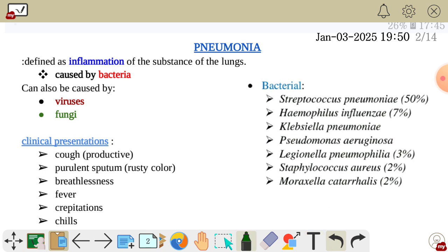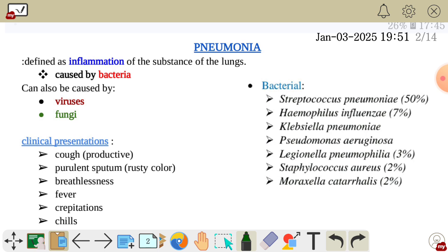Pneumonia is simply defined as an inflammation of the substance of the lungs. It is mostly caused by bacteria, but it can also be caused by viruses and fungi. Most bacteria which cause pneumonia are Streptococcus pneumoniae. These are gram-positive cocci, and in most cases, 50%, it is caused by Streptococcus pneumoniae.